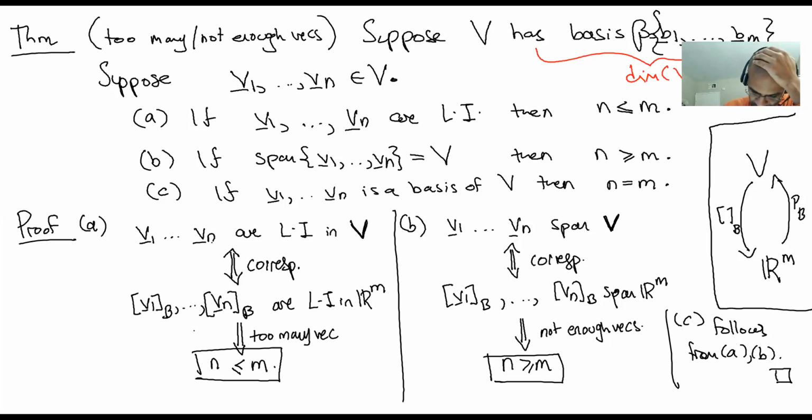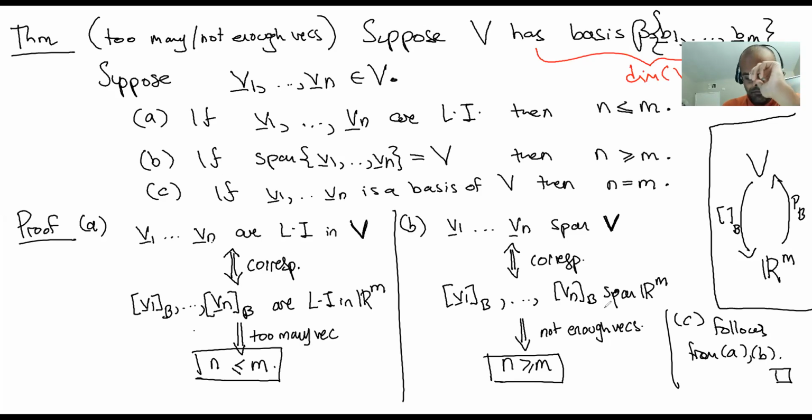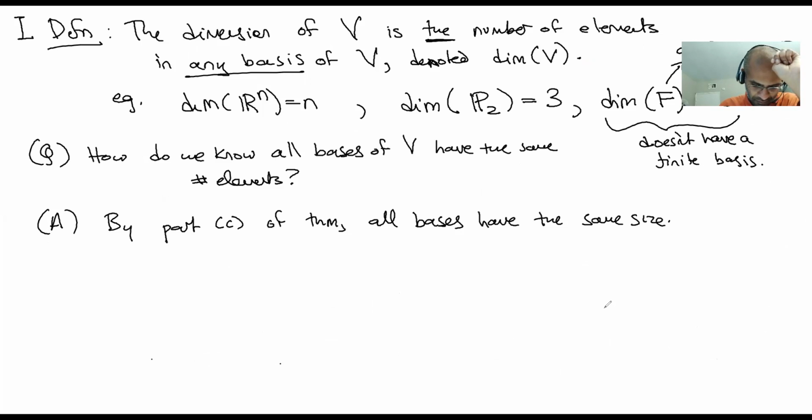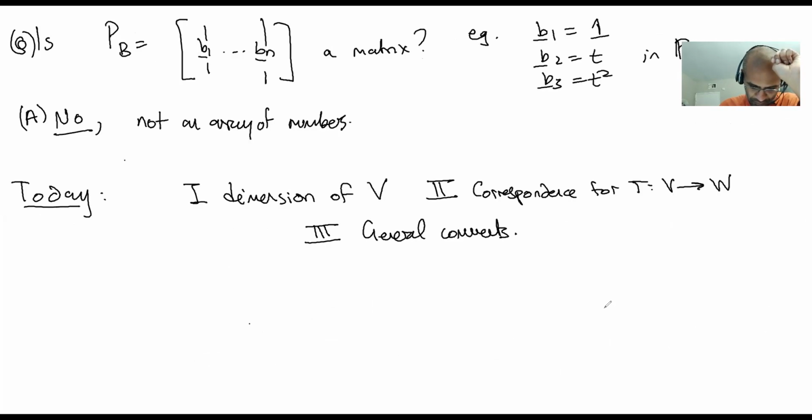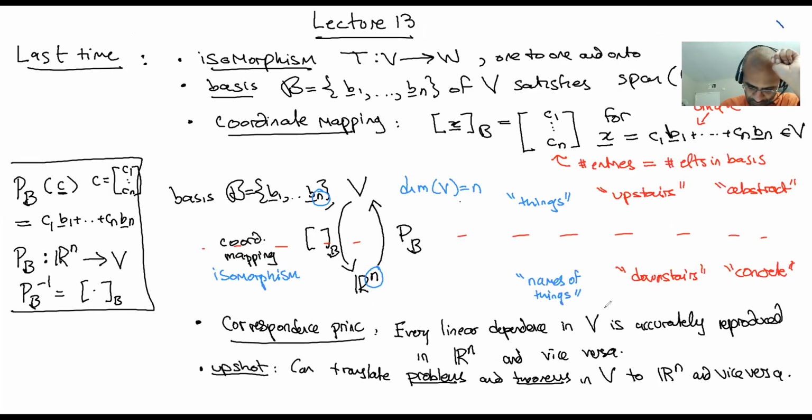Now that's just a number, right? And the thing I want to prove is that this number is actually all you need to know about a vector space to know about its linear algebraic structure. So here's a theorem.